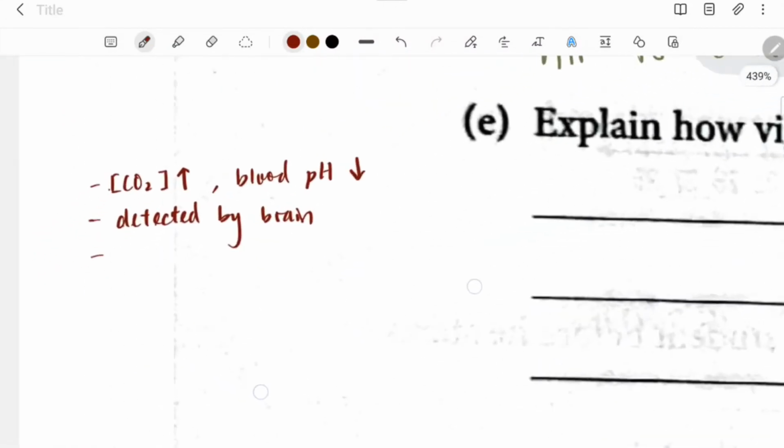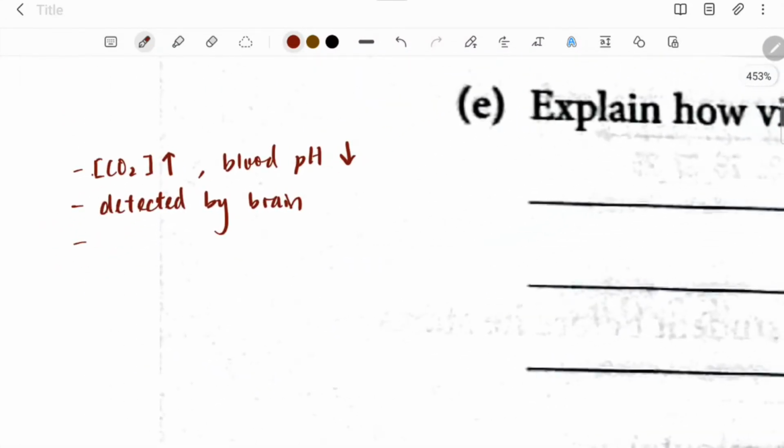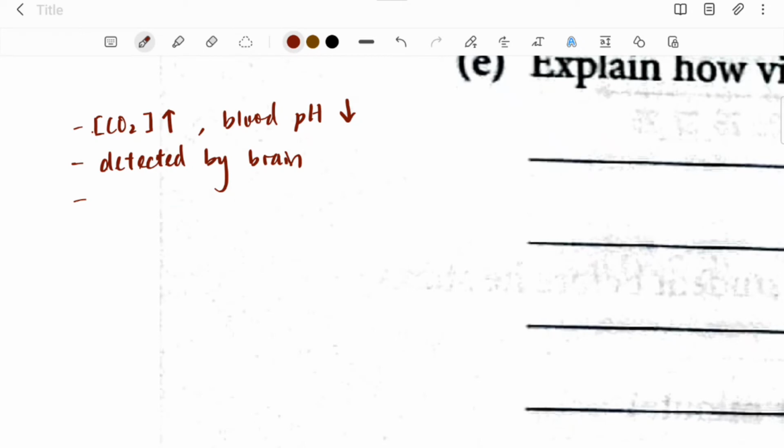This one is detected by the brain, and since the question only wants pH, it's just the first point, but never mind because we are revising, so we continue the points first.